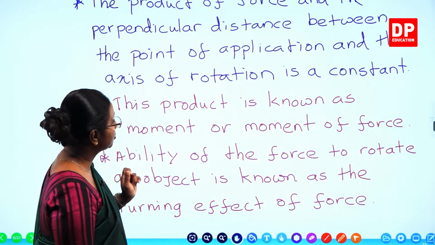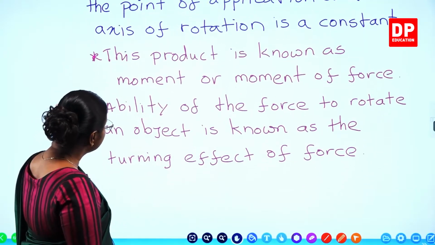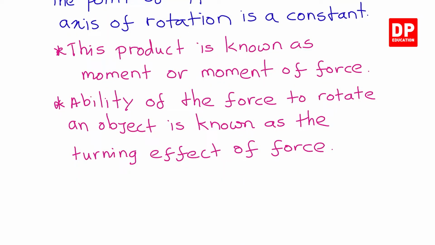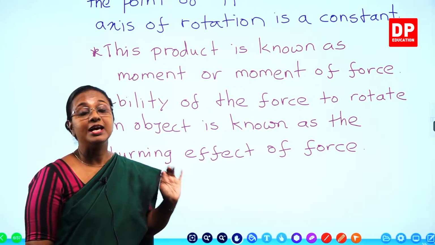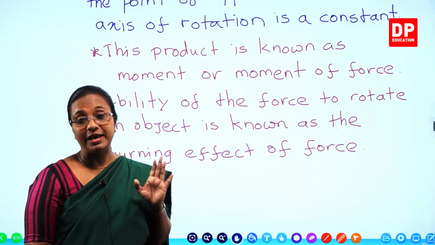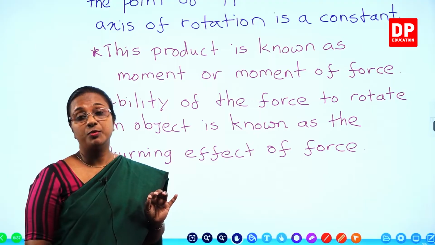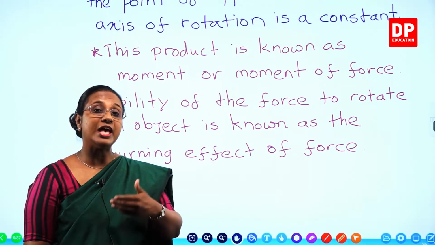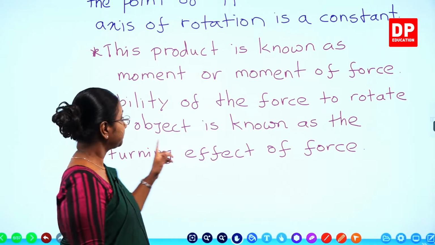So this product is known as moment or moment of force. And the ability of the force to rotate an object is known as the turning effect of force. Students, now you all have an idea as to what turning effect and moment are. Now we will try to understand the equation for moment of force and also how we can calculate moment of force and apply it in different instances.